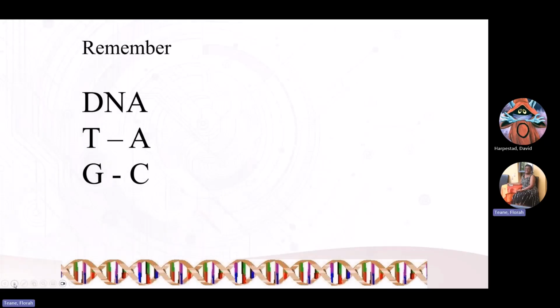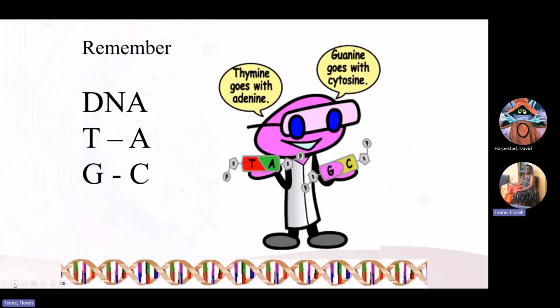So remember, in the structure of DNA, thymine matches with adenine, whereas guanine matches with cytosine. Just look at this little picture, reminding you of how the purines and the pyrimidines are matched. Thymine goes with adenine and guanine with cytosine.